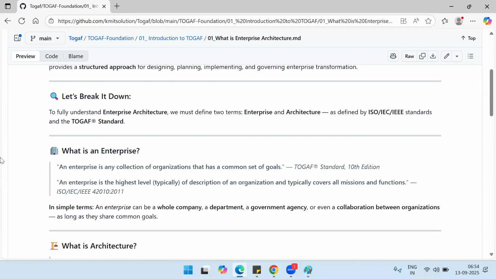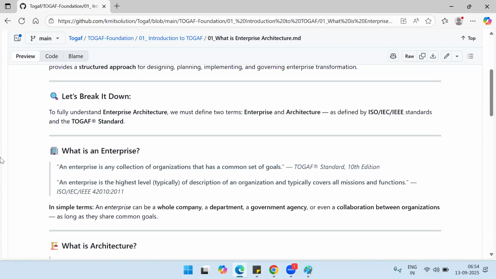An enterprise can have a common goal. So the system will have the common goal, right? So we can develop the solution for a system. So we are enterprise architects.